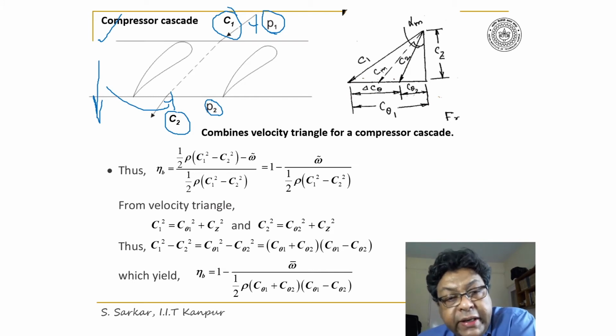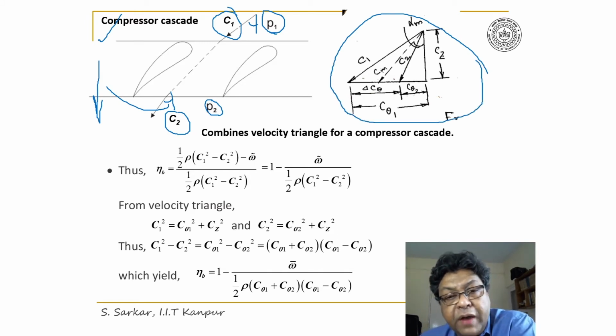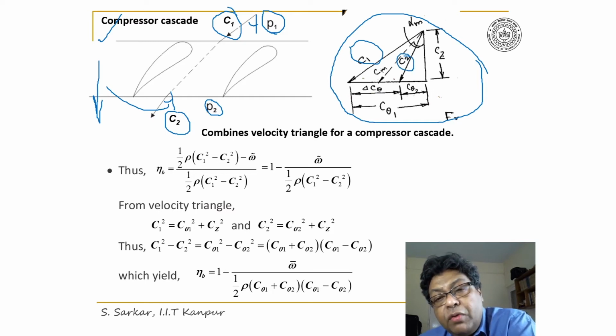Now with this input, let me draw the velocity triangle I have already explained earlier. Still, let me repeat here, I have superimposed the velocity triangles both for the inlet and for the exit. C1 here is the inlet velocity. C2 is the exit velocity. Alpha 1 is the absolute flow angle at inlet. Alpha 2 is the absolute flow angle at exit.